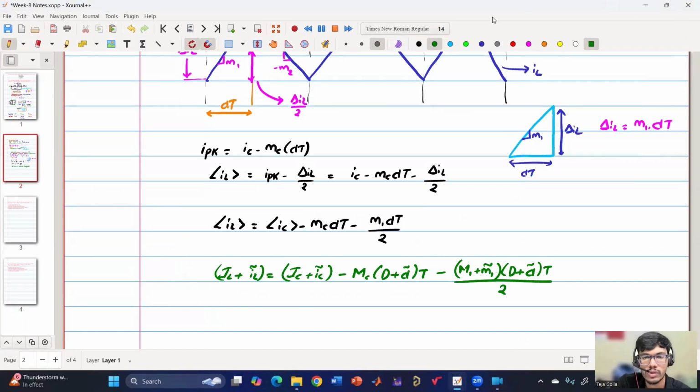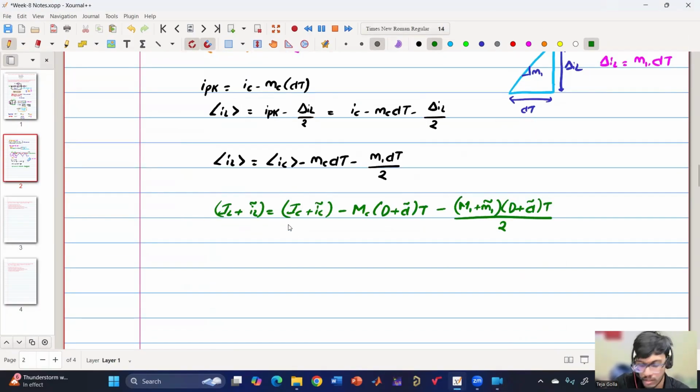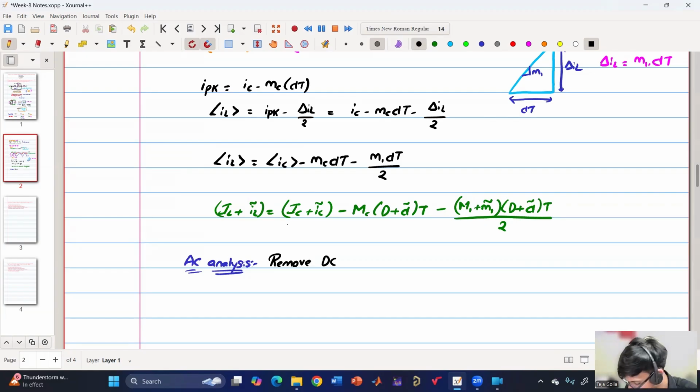Yes, sir. Okay. So now, because we are doing AC analysis, we need the transfer function, right? So we'll remove the DC terms, because DC terms are considered for DC analysis. Also, we know that we ignore second order terms.